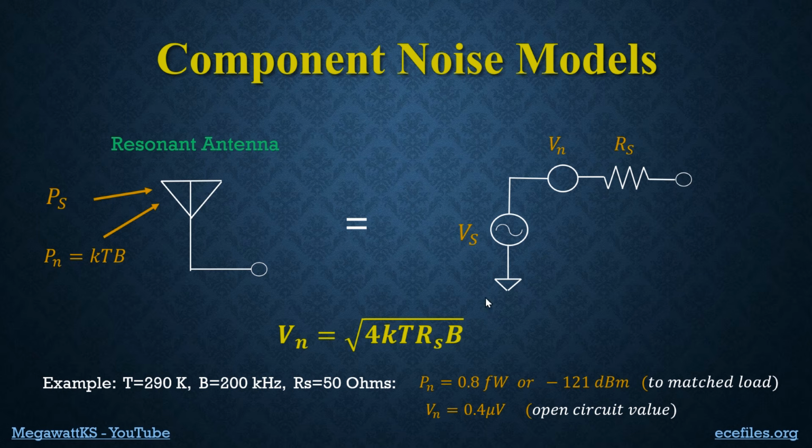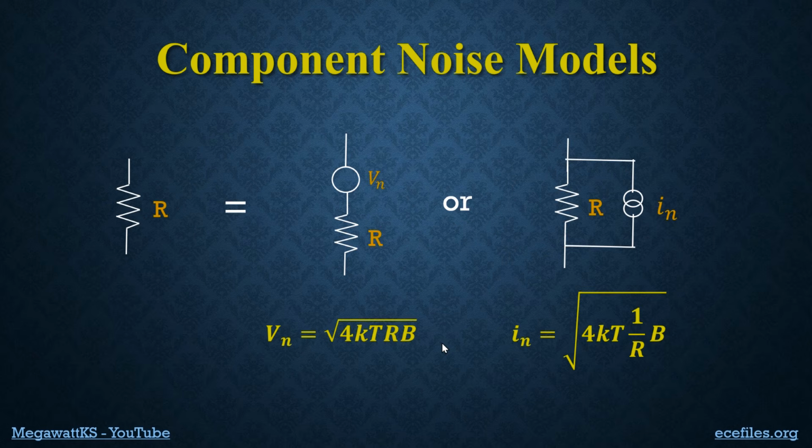And so we've drawn the model over here. This is the antenna source voltage from the received signal power. And this is that source resistance. But now we have the noise source in here as well. And it has the same formula as we had for a simple resistor.